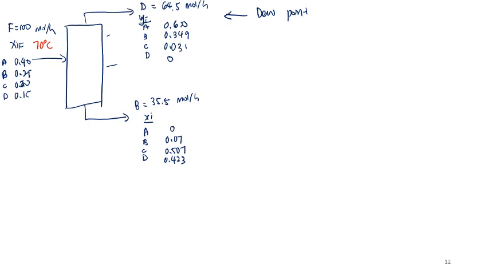Okay, so to calculate the dew point, you have to prepare a table. So A, B, and C, and just to be sure, just put component D. So Yi at the top, at the distillate product, is 0.620, 0.349, 0.031, and 0 for D. And then you have to calculate a Ki for the temperature that you are guessing.